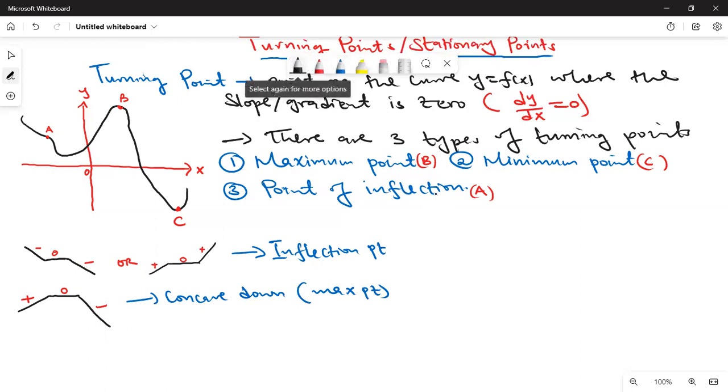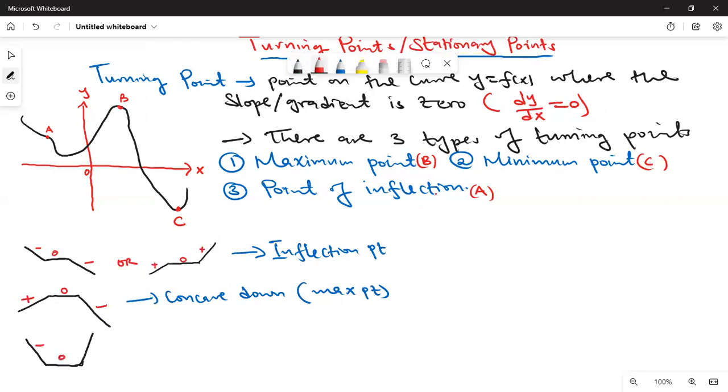And finally, look at the minimum point C. Before it approaches C, it is sloping down. When it is at C, it levels out, and just immediately after C, it continues to rise. So we have something like this at point C. That is concave up. The gradient before it levels out is negative.